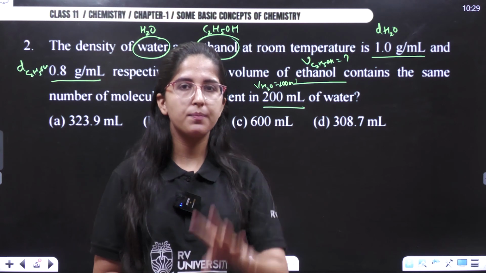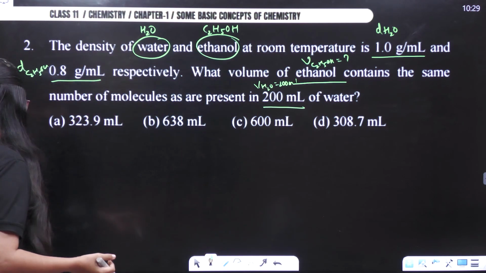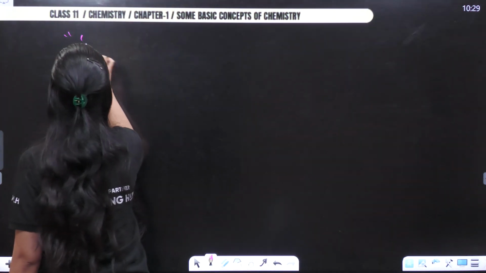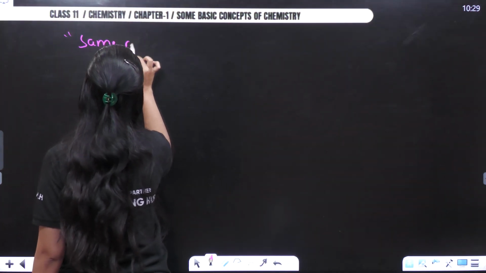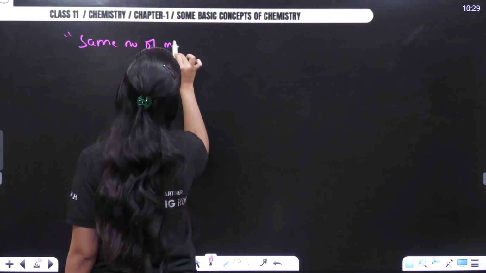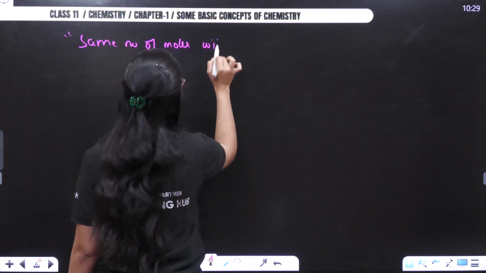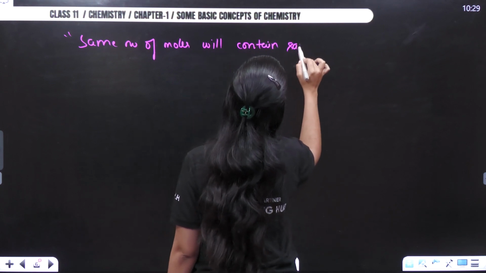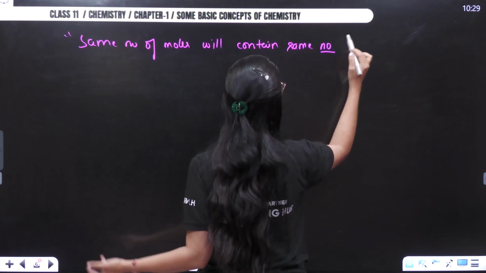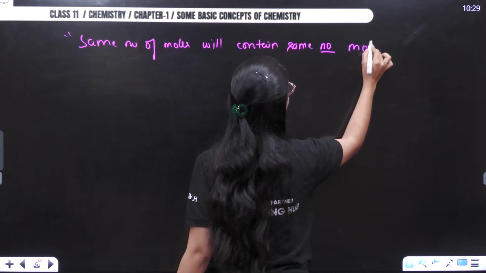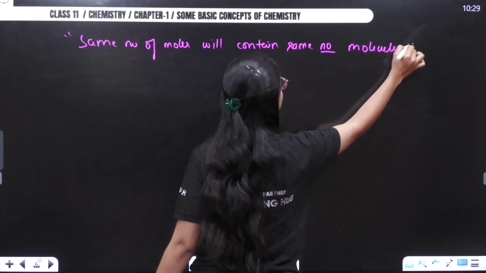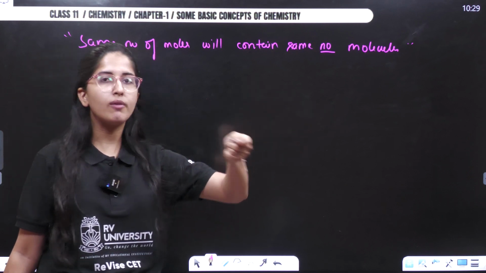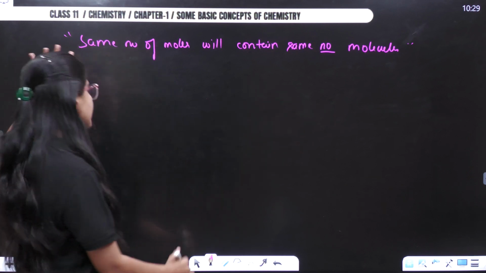The one rule which is very important for this, remember this sentence: same number of moles will contain same number of molecules. If the number of moles is the same, then the number of molecules will also be the same, because the number of molecules is number of moles into Avogadro's number. So what is the conclusion here?